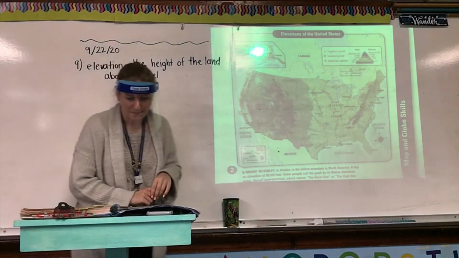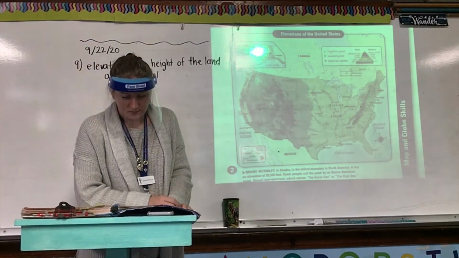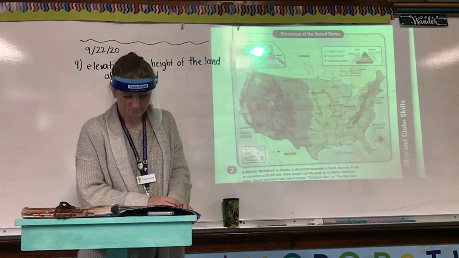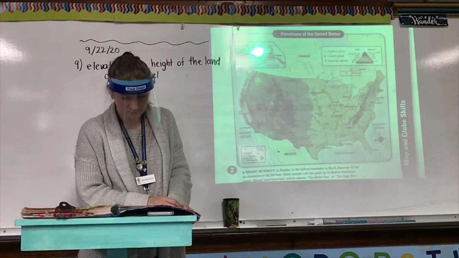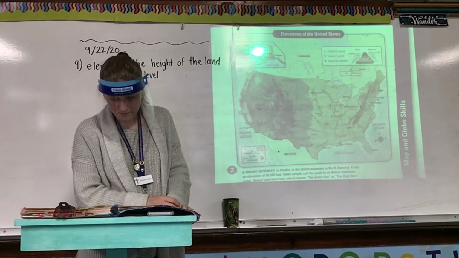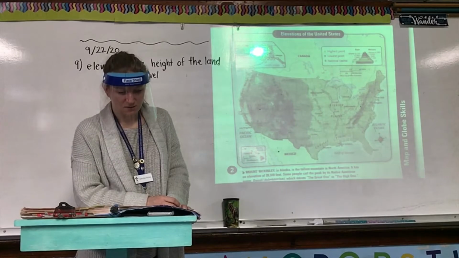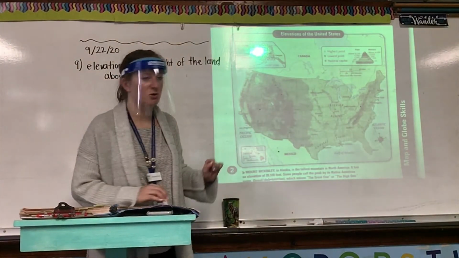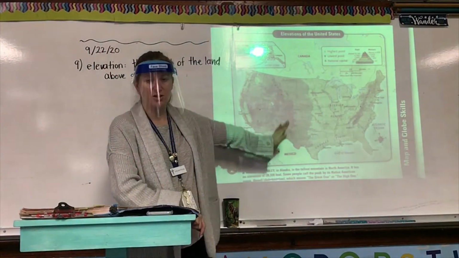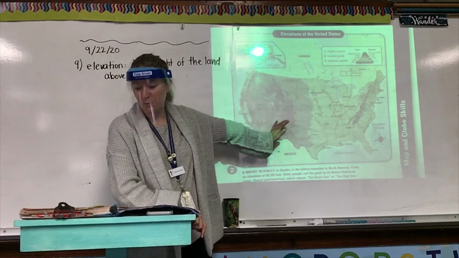Zari, keep reading. An elevation map can tell you how high or how low different areas of the country are. Good. So we're going to use this elevation map, which you guys have obviously a much easier to read one in your book.